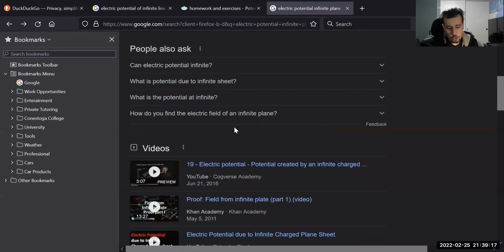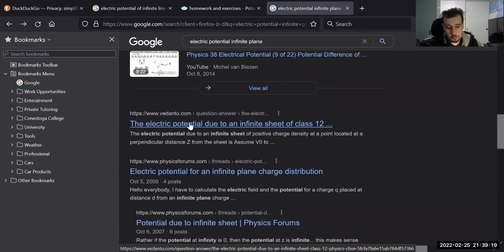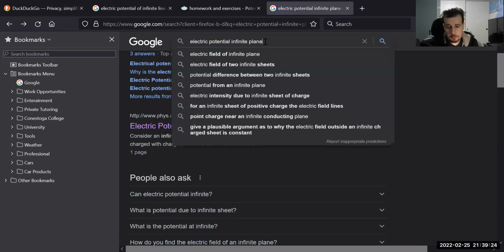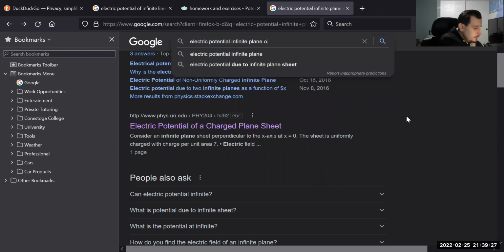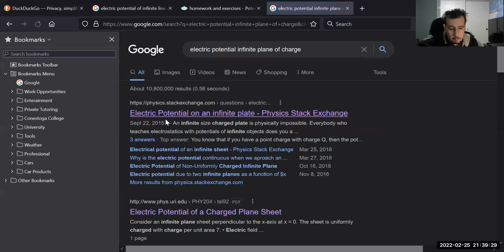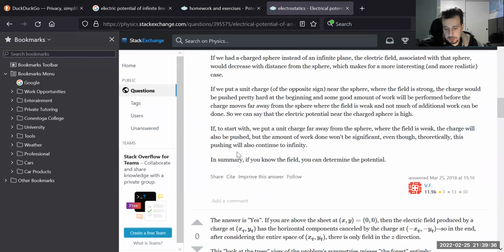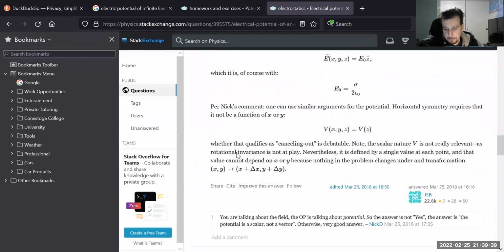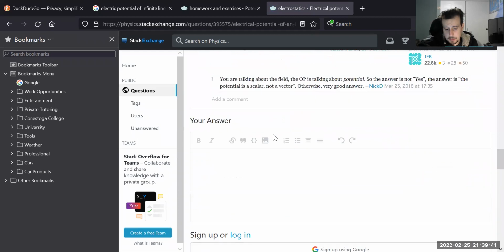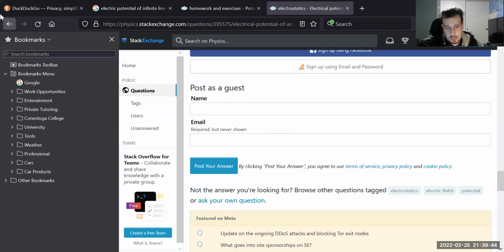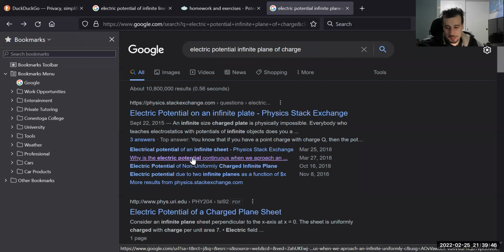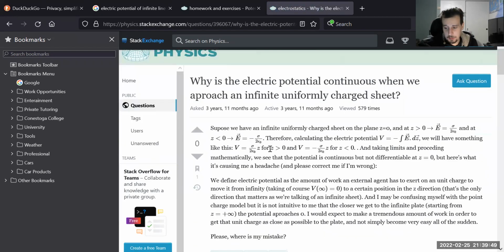Sometimes it's hard to find exactly what you're looking for. Electric potential infinite plane of charge. Okay, let's try this one. So V is a function of z, yes, and they never solve it. That's the sad thing with physics forums. Sometimes they never solve the question. They just give hints and say bye, see y'all later. But there it is.